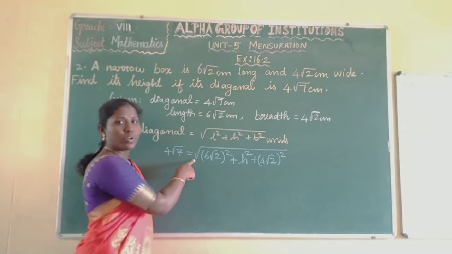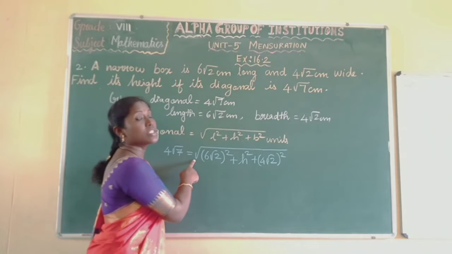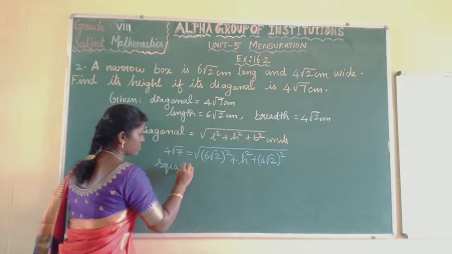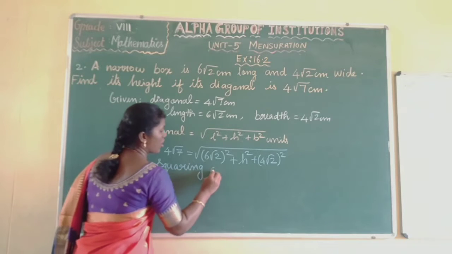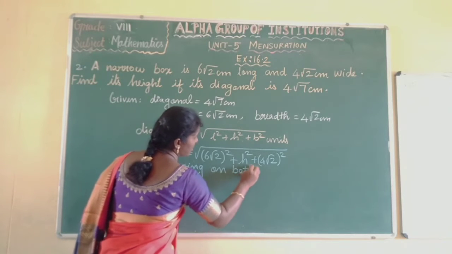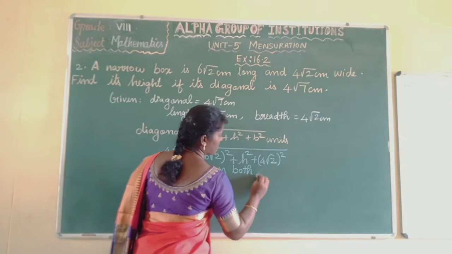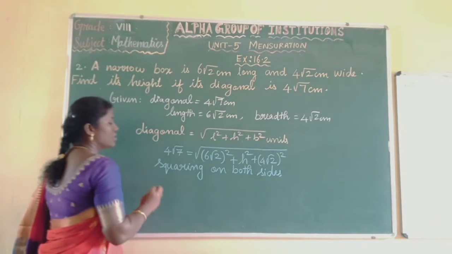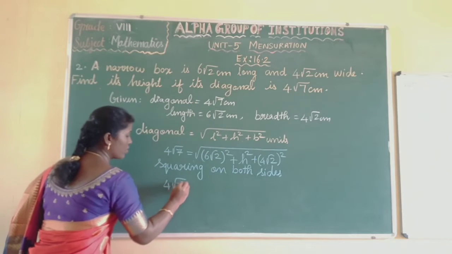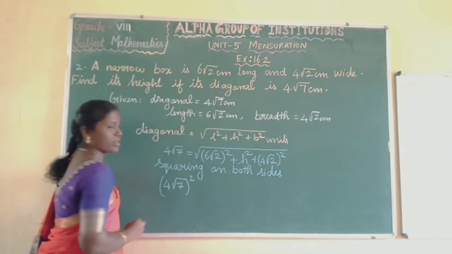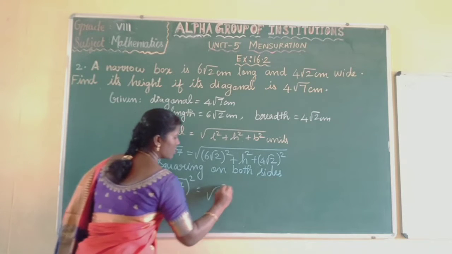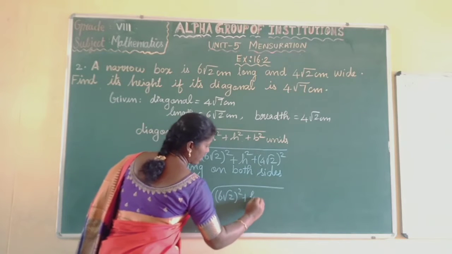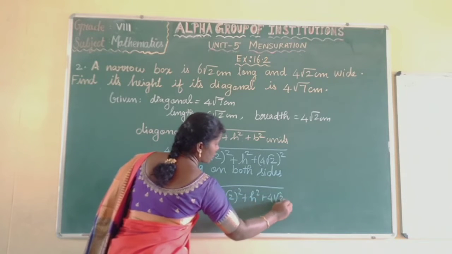As I told before, to remove the square root, we have to take square on both the sides. So we are squaring on both the sides. So if we square on both the sides, 4√7 the whole square is equal to square root of 6√2 whole square, plus 4√2 the whole square.